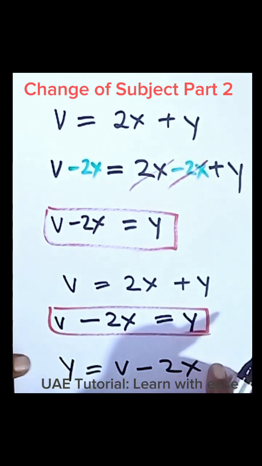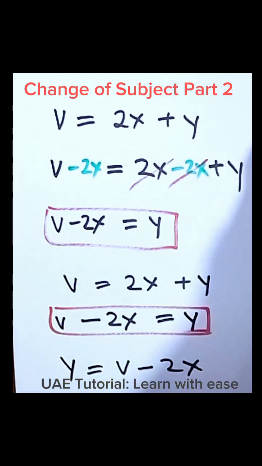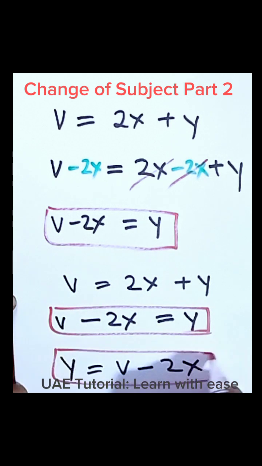Doesn't matter how it is arranged. The important thing is that what you want to make the subject of the formula is alone on one side of the equation. Look at it, y is standing alone. So this is how to make y the subject of the formula.